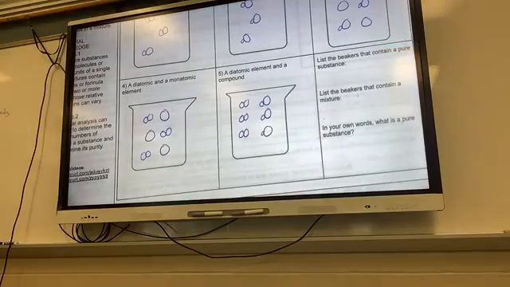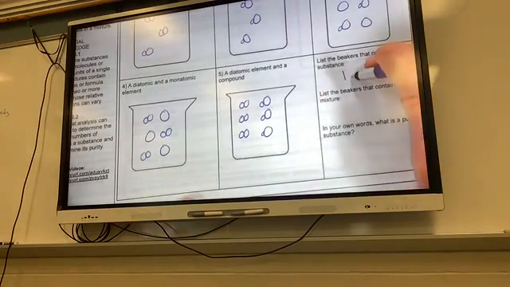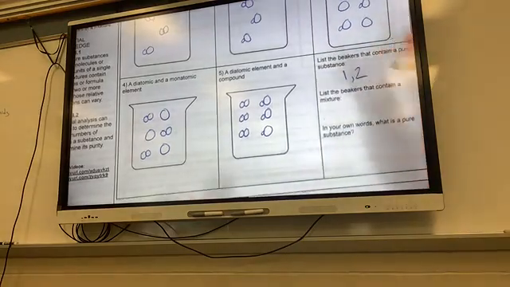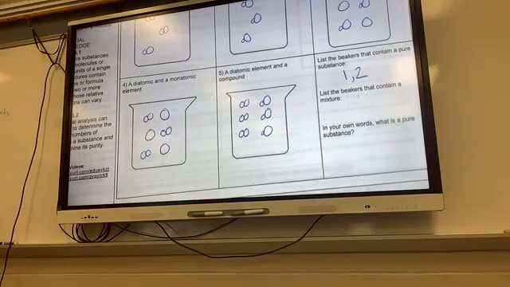List the beakers that contain a pure substance. Diatomic element? Beaker number 1, I agree with. Beaker number 2, wait, no. Just 1 and 2. Because remember, for a pure substance, you can write a formula.